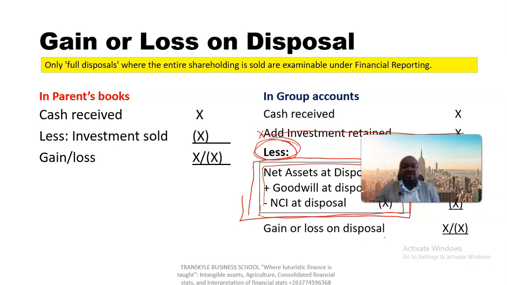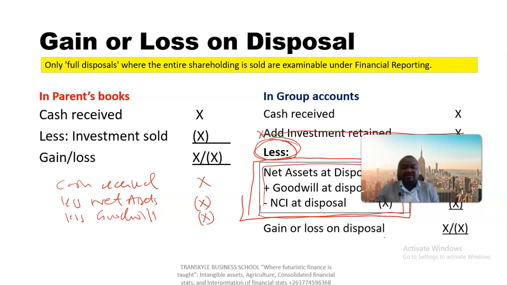as follows. We're just going to say cash received X, less net assets at disposal, and then less goodwill at disposal again. Which means this one was going to be negative, this one negative.